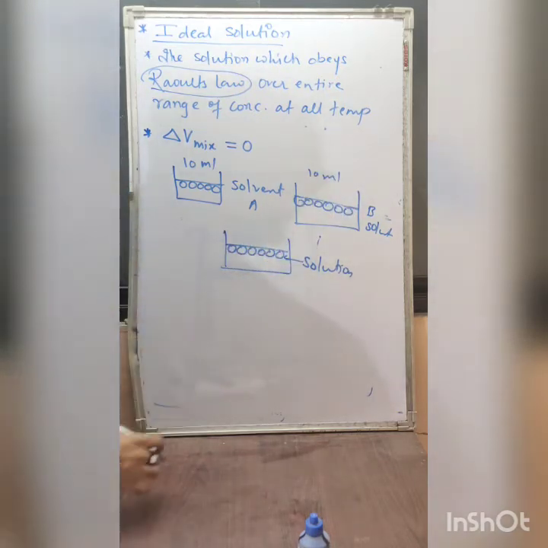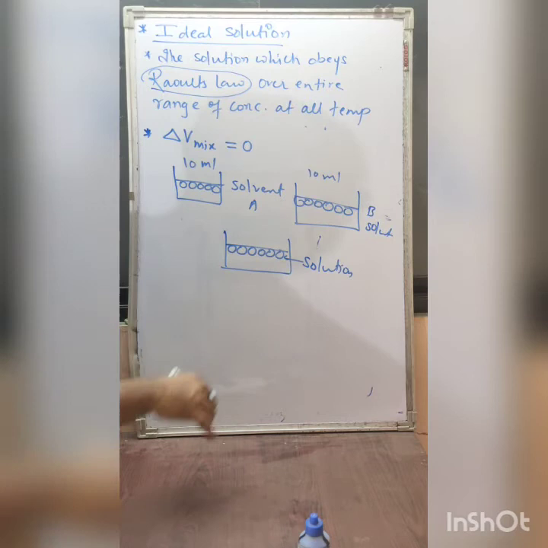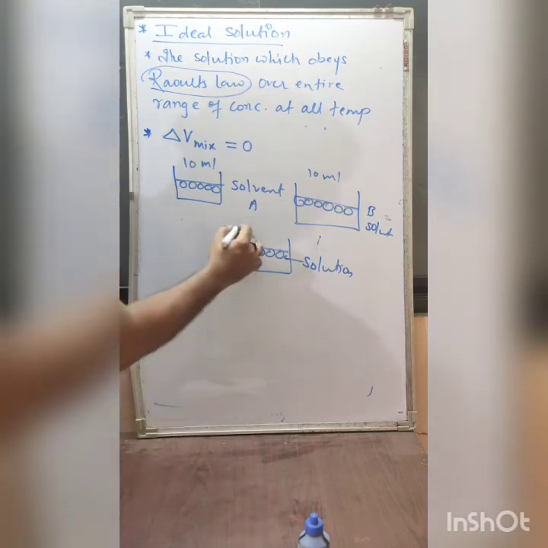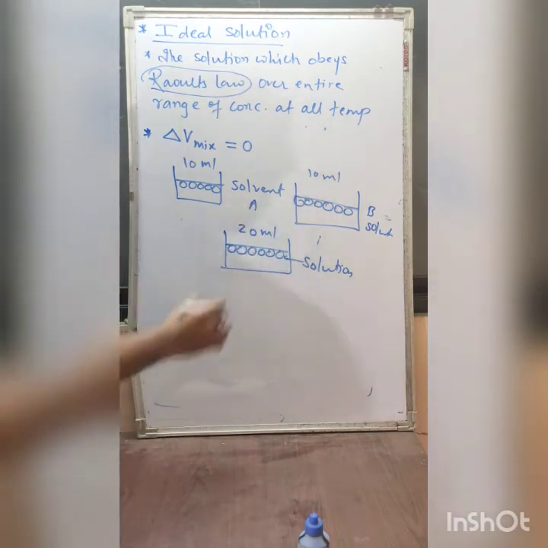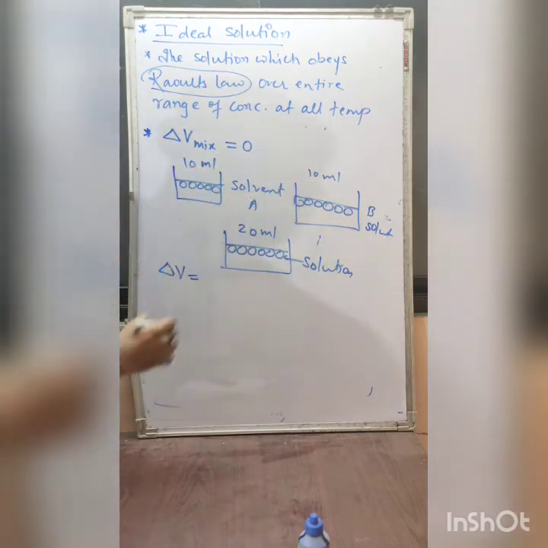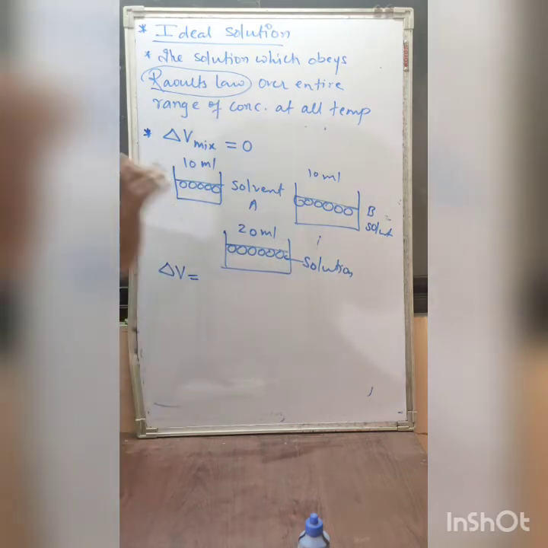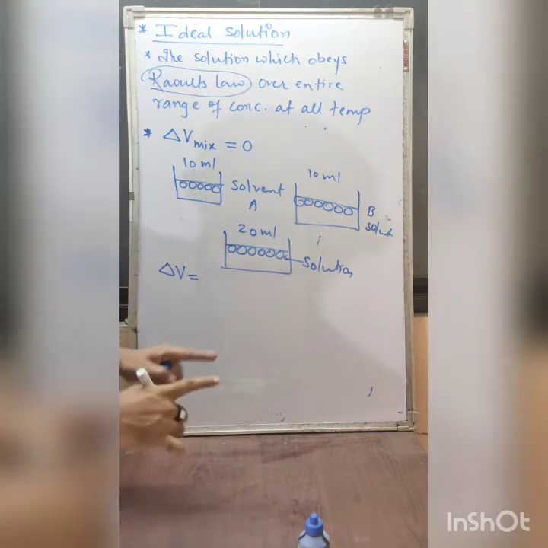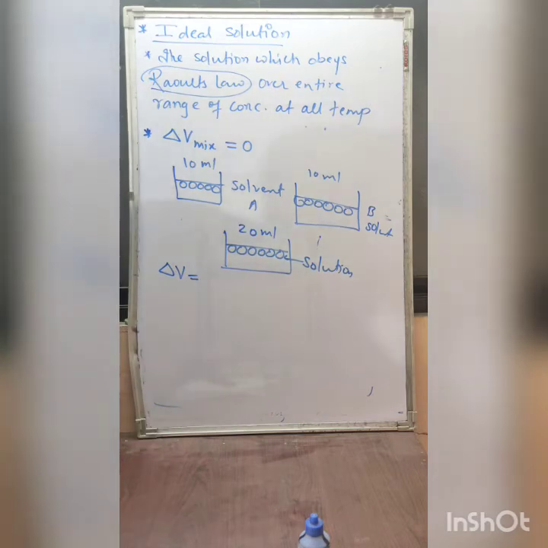The solution which is formed, what will be the total volume? 20 ml. What does this mean? Delta V is the difference between the initial total volume and final total volume. If it is the same, then it is called an ideal solution.